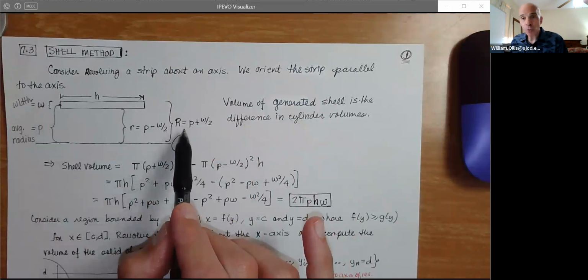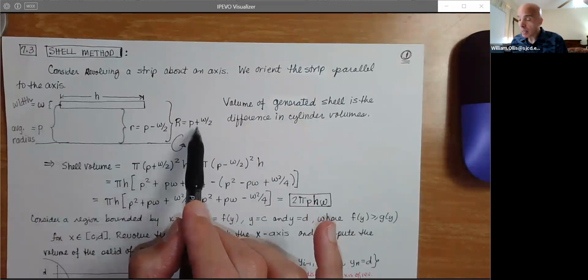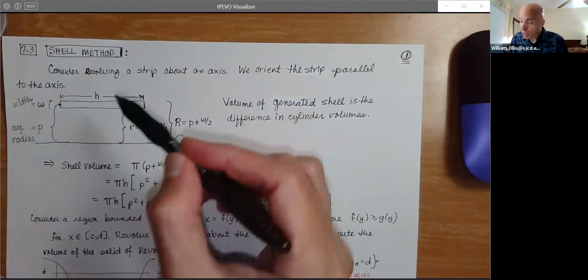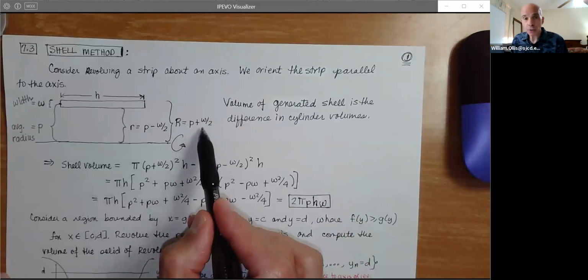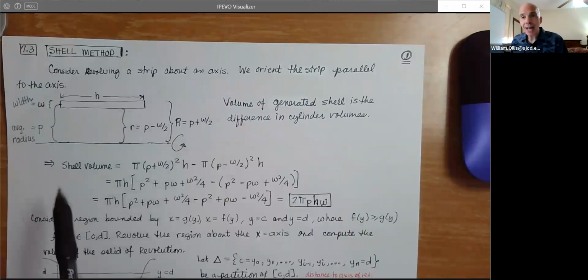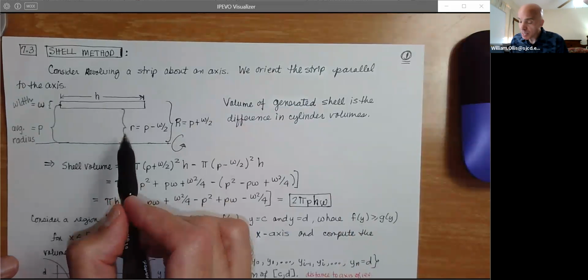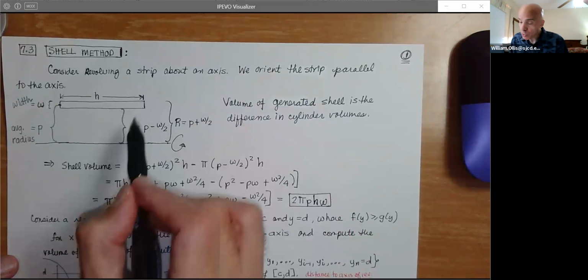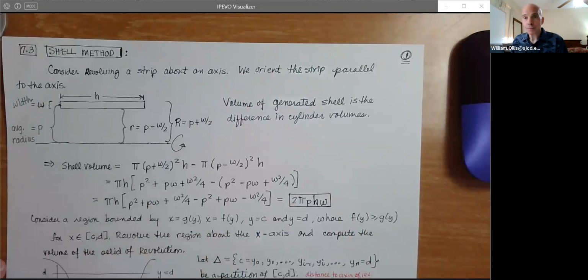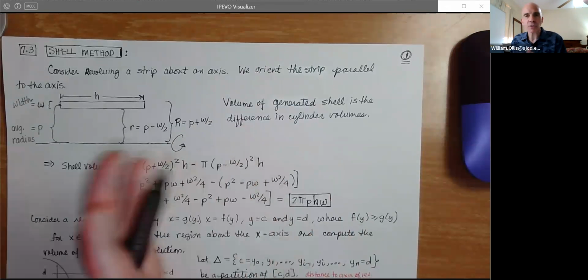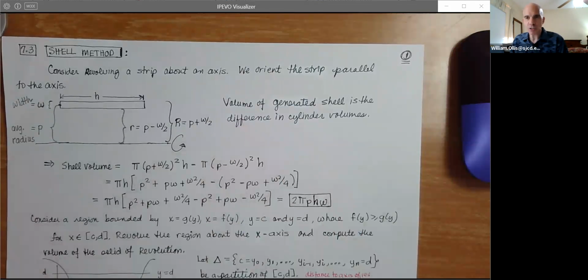We have an outer radius of P plus omega over 2, which is the distance from here to that point, which I've noted here. And then we have an inner radius, which is a distance from the axis of revolution to that point, which is P minus omega over 2. So this is basic. I could teach my college algebra students to do this because they know the volume of a cylinder. They learned that in high school geometry.